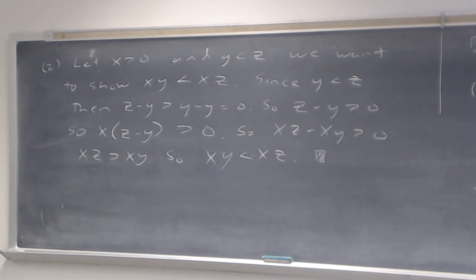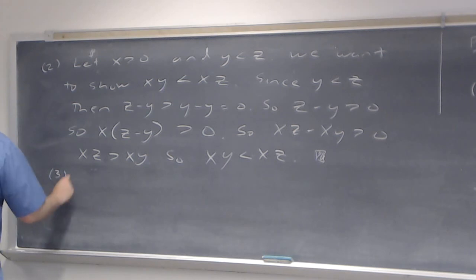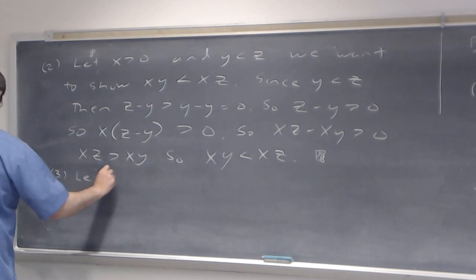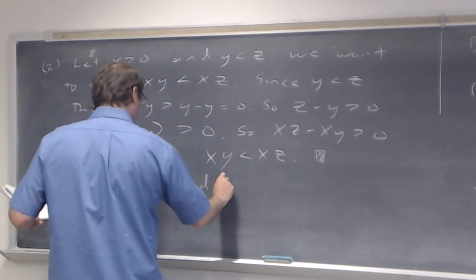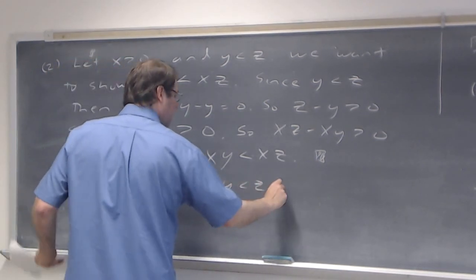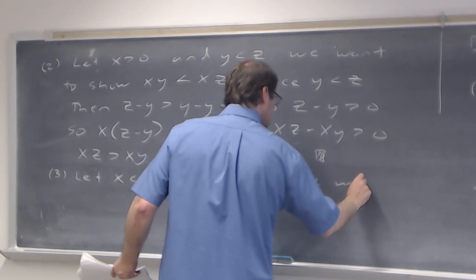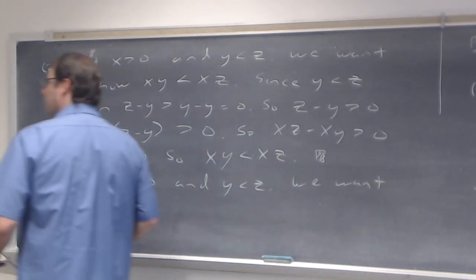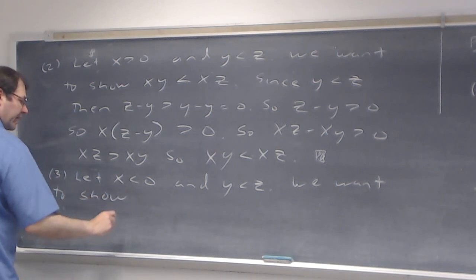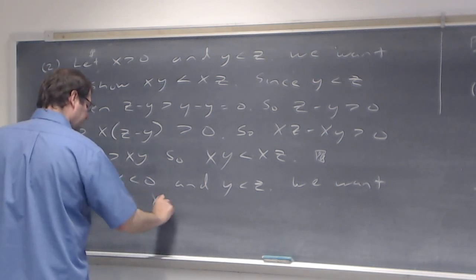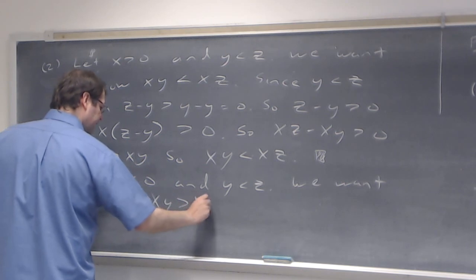For part three, we let x be less than 0 and y be less than z, and we want to show that xy is bigger than xz.